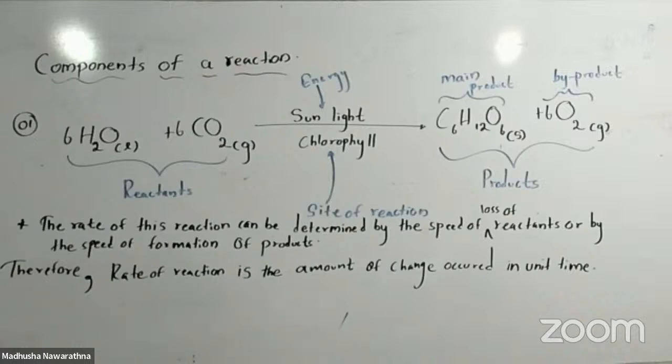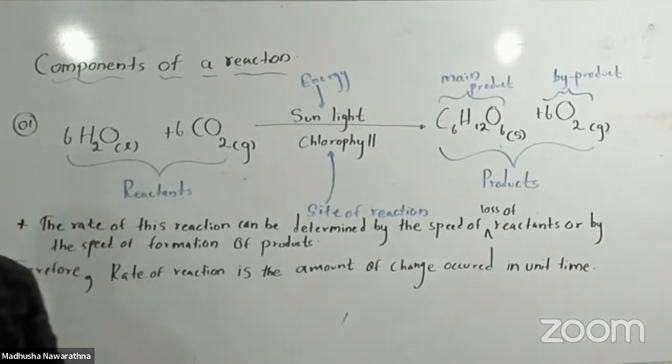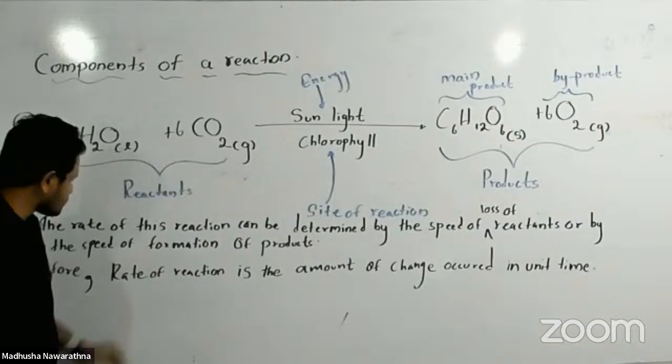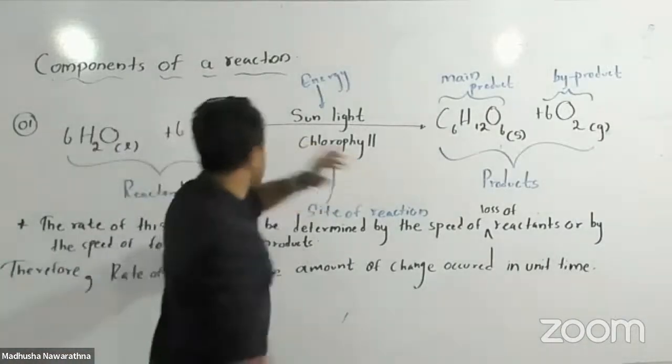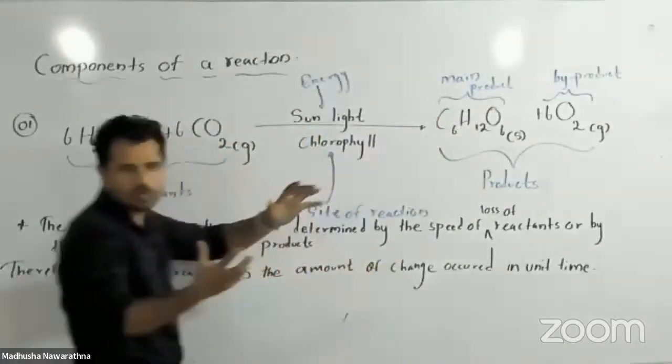හරි අපි ළමයි. So the rate of reaction can be determined by the speed of reactants or by the speed of formation of product. මෙයාලා නැති වෙන එක ගන්නත් පුළුවන්, මෙයාලා form වෙන එක ගන්නත් පුළුවන්. දෙකම equal නේ.